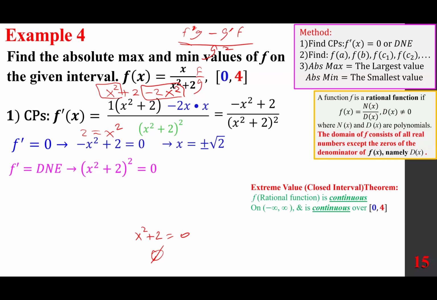Is that in between? Yes. So square root of 2 belongs to that. What about minus square root of 2? No, that doesn't work. Therefore, you are going to evaluate the original function at the endpoints 0 and 4, as well as the critical point square root of 2.